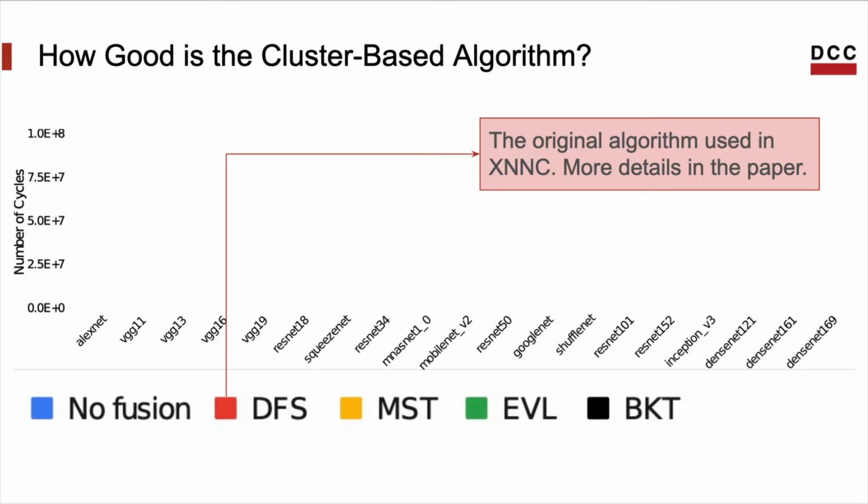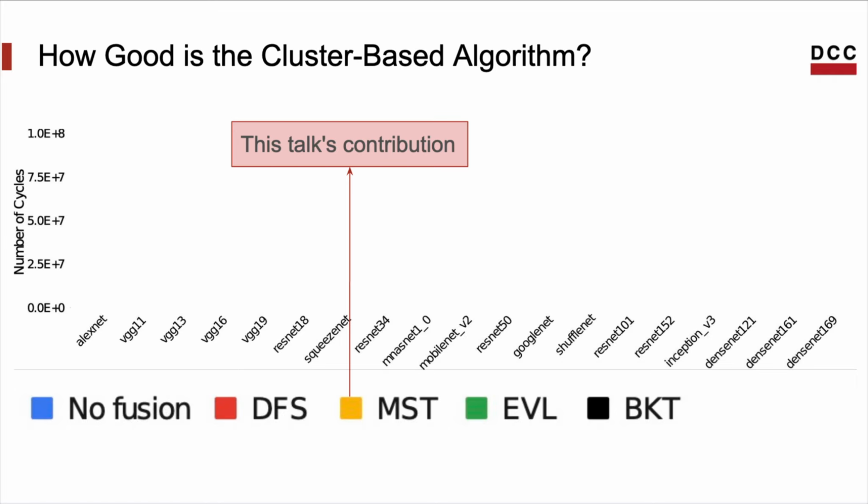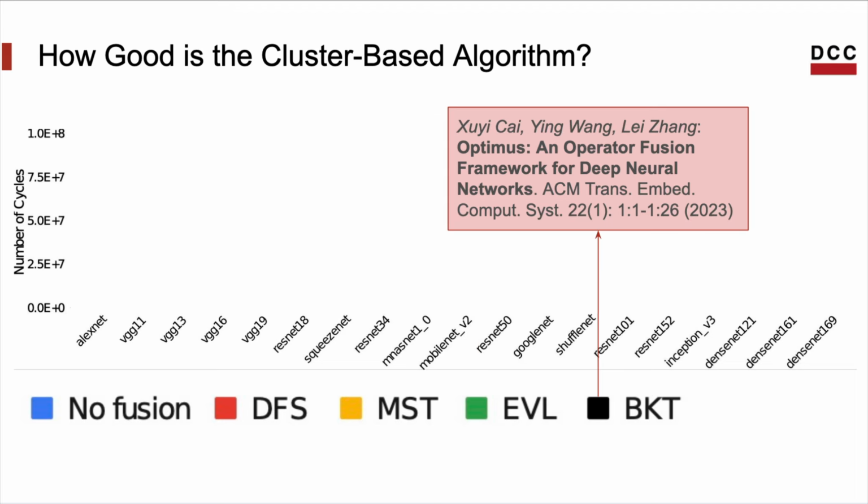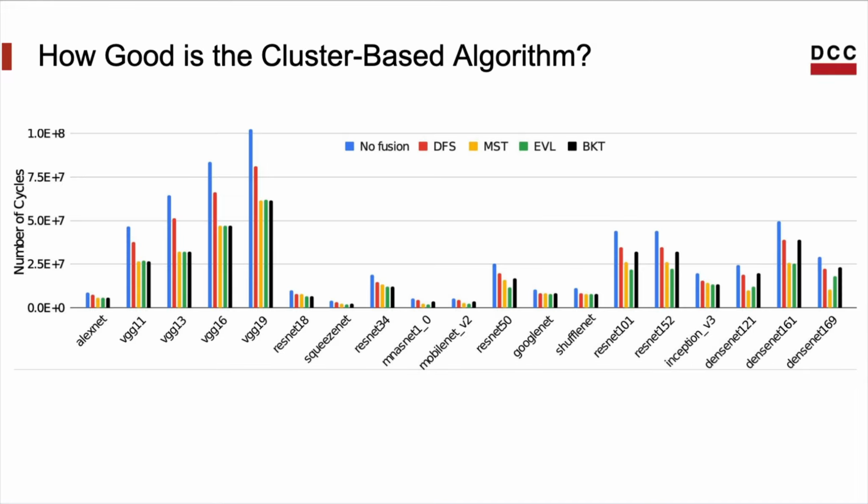This is a greedy algorithm that traverses the computational graph and fuses as soon as possible, always on the first match that comes up. Then there is MST fusion, which is the algorithm that we have deployed on XNNC, and the evolutionary algorithm that we took from Apache TVM. This is a genetic algorithm. Finally, we also use the backtracking approach from Kai et al., which is an exhaustive algorithm.